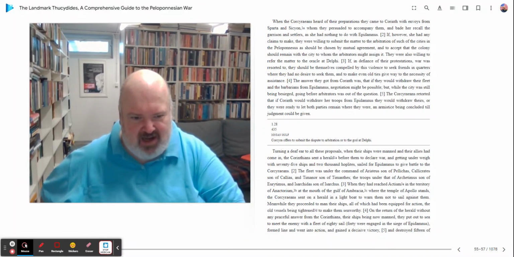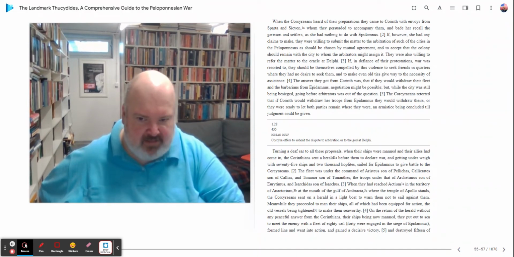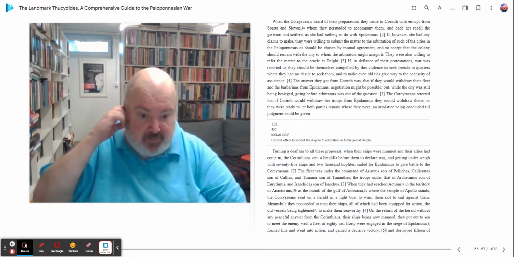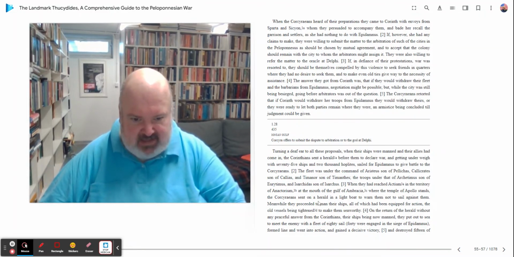When they had reached Actium in the territory of Anactorium, at the mouth of the Gulf of Ambracia, where the temple of Apollo stands, the Corcyraeans sent on a herald in a light boat to warn them not to sail against them.